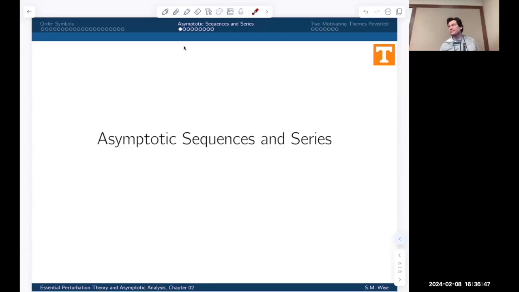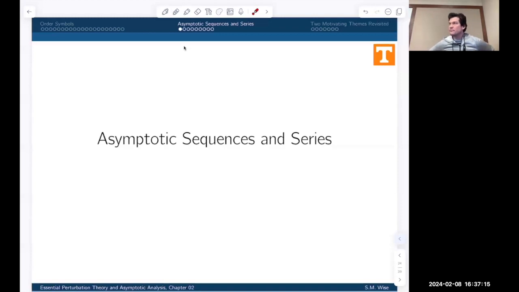Obviously, a function is asymptotic to itself. Okay, I skipped that one. And so we've covered this idea of asymptoticness. Now we're going to get into what are called asymptotic expansions. To study asymptotic expansions, we need to know about asymptotic sequences and series. Before I get into that topic, are there any questions?